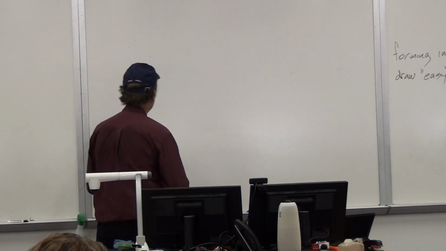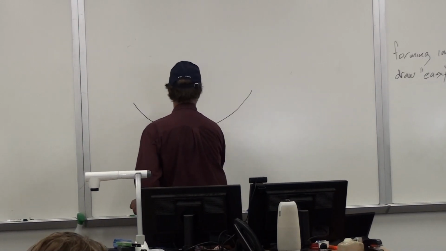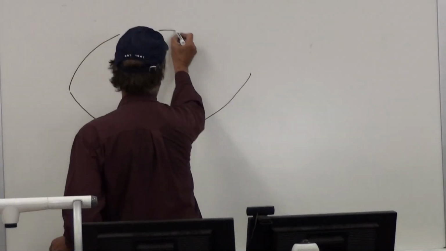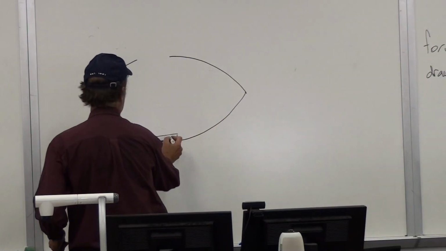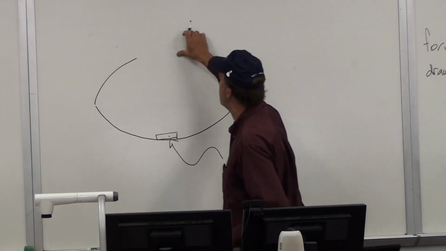Okay, see how this works. Here's our source of light in the bottom, and here's the hole in the top. So this source of light is at the focal point of the top mirror.